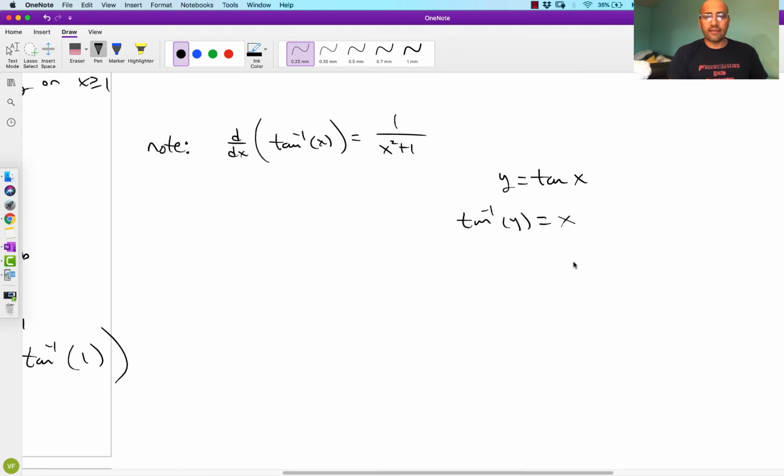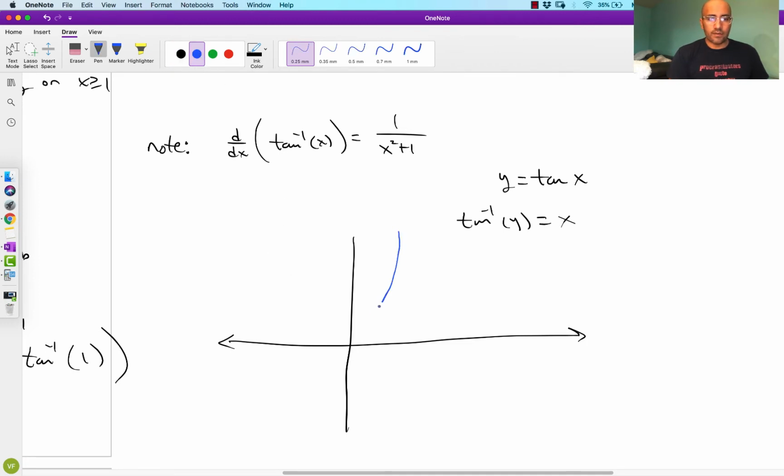equals x. So roughly, just a really ugly rough sketch here, we would have a graph that looks like this. It kind of comes this way, and that way. Remember, this is the graph that repeats itself. It'll have vertical asymptotes here, and then it repeats itself.